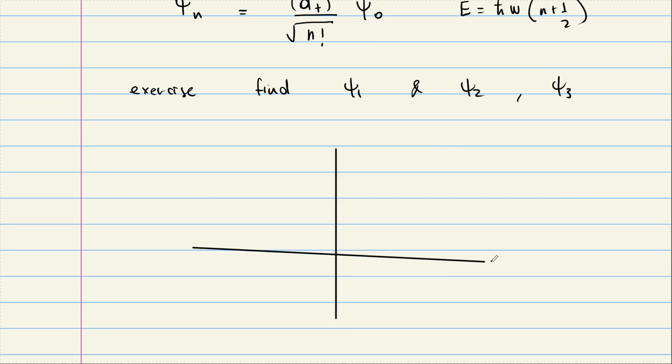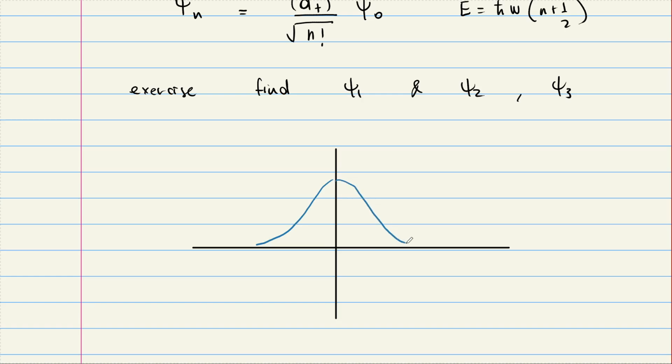So this is the ground state, a Gaussian, and the first excited state is something like this, and the second excited state, okay, these are like tails going exponentially, and the third one is, right, ground state is even, first excited state is odd, second excited state is even. The ground state has no node, the first excited state has one node, the second excited state has two nodes, and so on.